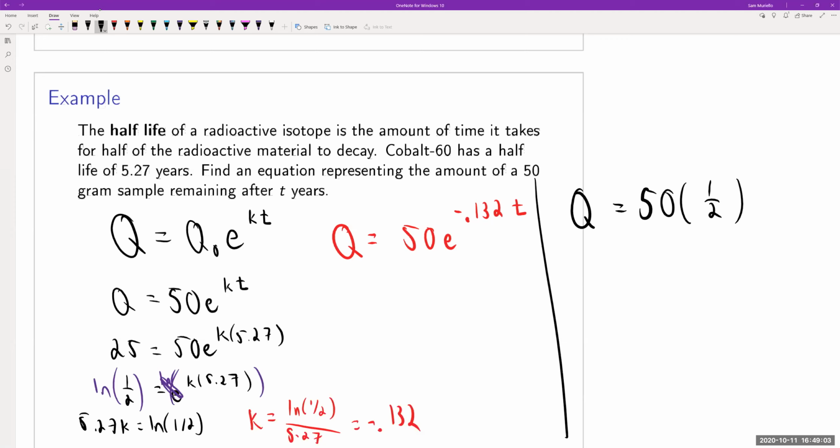So using 1/2 as a base makes a lot of sense. We will end up using t divided by 5.27. That way, when t equals 5.27, it cancels out and our exponent is 1, leaving us with 25. Either of these two methods will end up working, and you are welcome to use either.